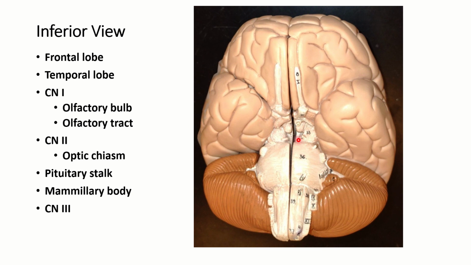Cranial nerve 3. This is coming from the ventral part of the midbrain. This is the cerebral aqueduct, cerebral peduncle, and that is also part of the midbrain. And this is cranial nerve 4, which is coming all the way from the dorsal part of the midbrain.